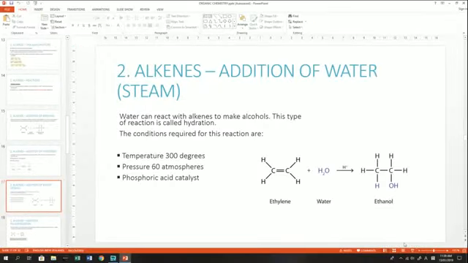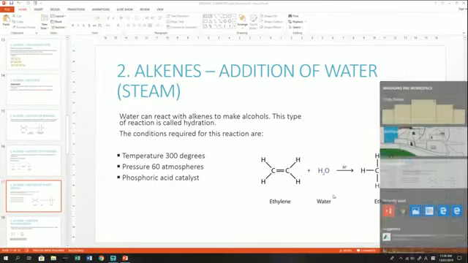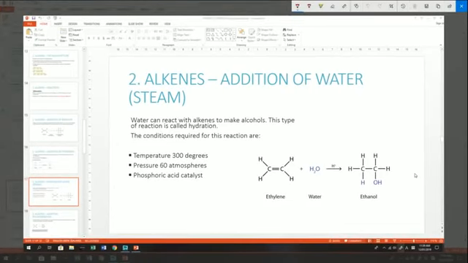So if I were to sort of draw that out, water, of course, is oxygen attached to two hydrogens.